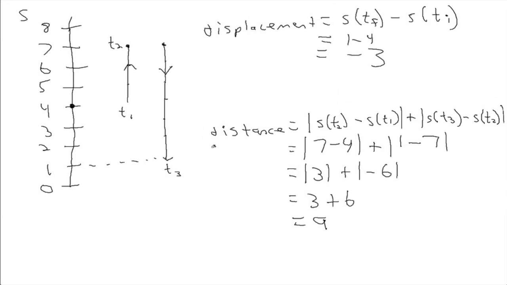Is there ever going to be a problem where we have a T4? I mean, because I wanted to label the top T3 and then the bottom T4. You mean like this? Yeah.